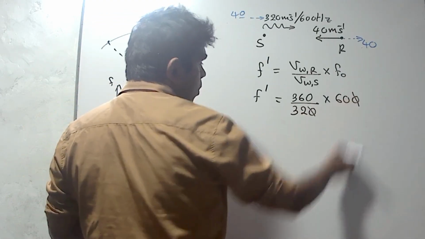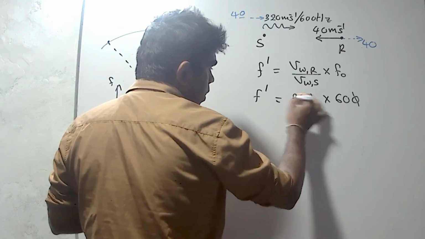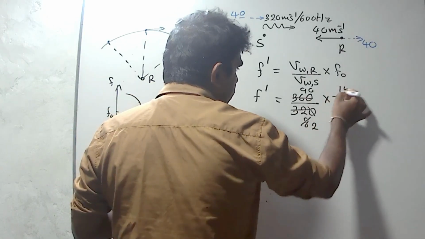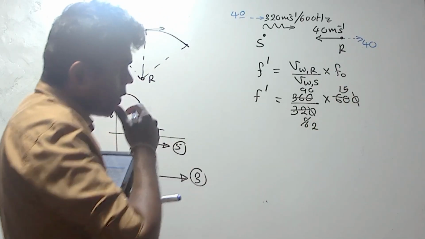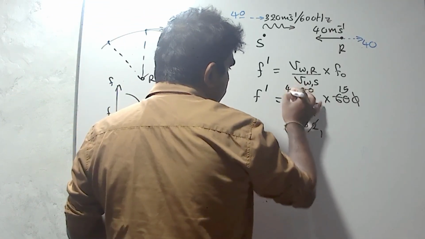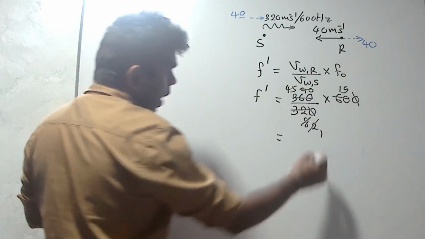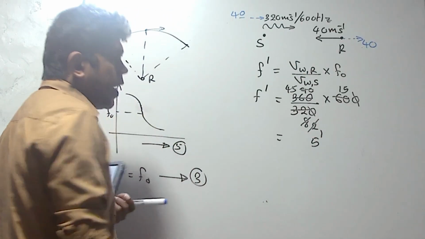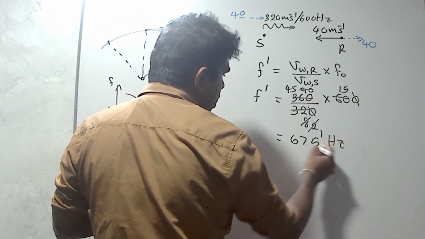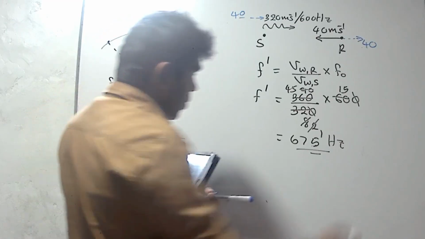Then we can cancel out and divide, and multiply 15 into 5, 75, 7 remaining, 15 into 4, 60 plus 7, 67, so 675 Hz. Then the answer is 2.